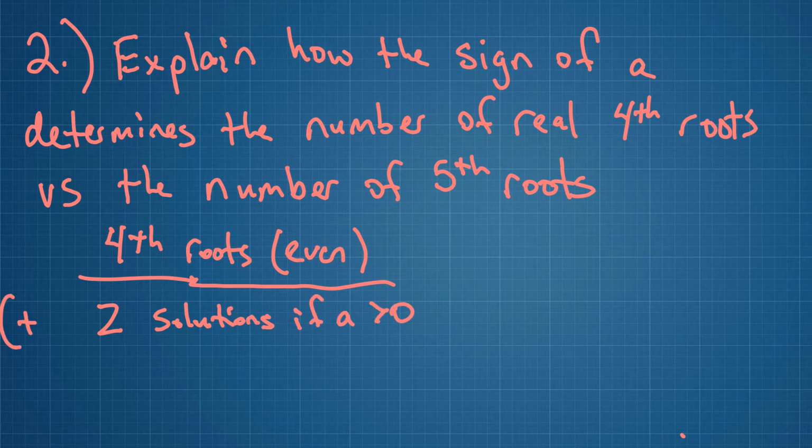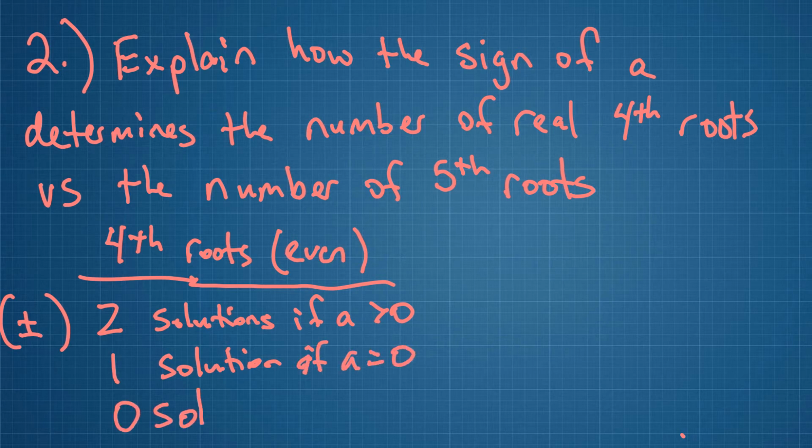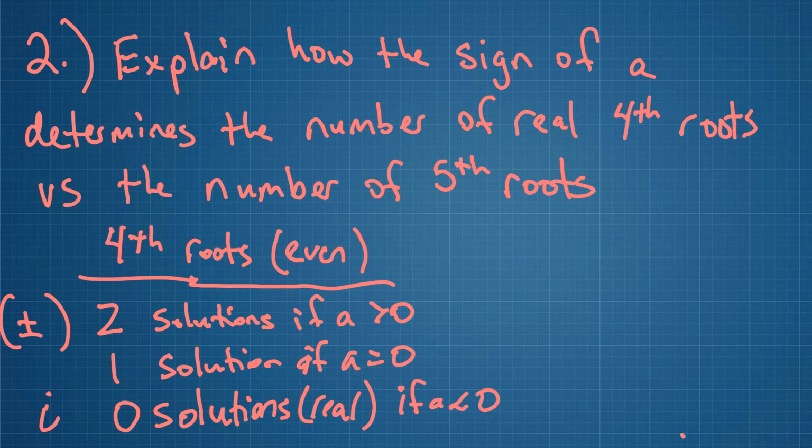Remember, that's when we need the plus or minus. You have 1 solution if A is equal to 0, and you have 0 real solutions if A is less than 0. Because remember, that's when i shows up.